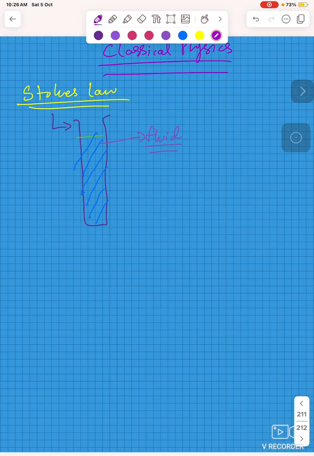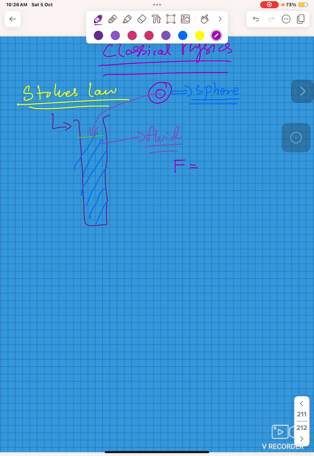In this, if we have a sphere, and we put the sphere inside this fluid, the force that the sphere will experience will depend on several factors.